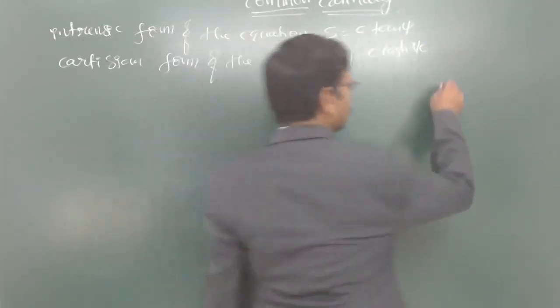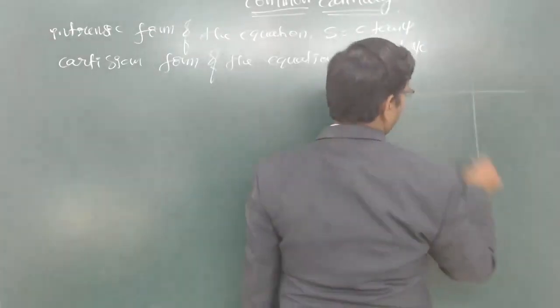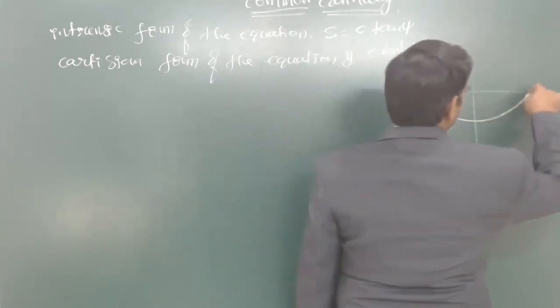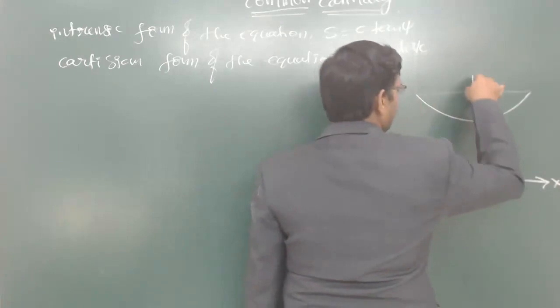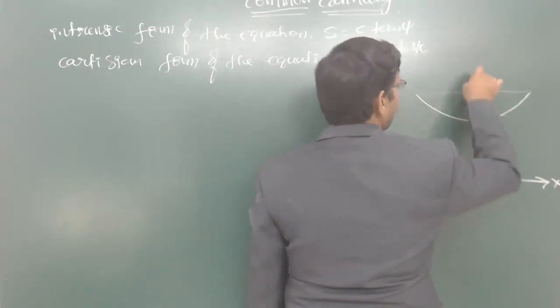Now this equation is for the common catenary, which is like this, and this is the x-axis and this is the y-axis.